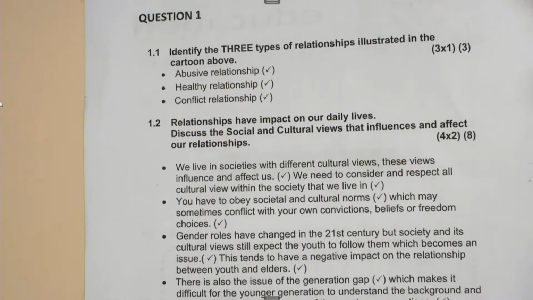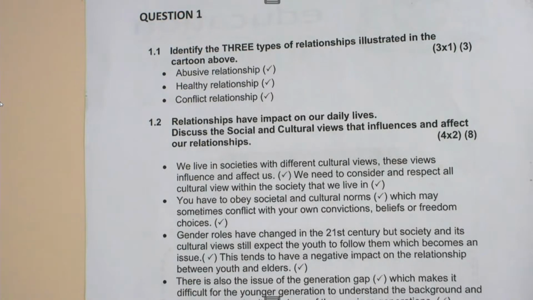Now, the first question says, you identify from the cartoon 3 relationships. When we look at the first relationship, it's an abusive relationship. Why are we saying that? Because the ex will chop the wood. That's why it's abusive. The second one, remember, we've said that it is bees and flowers. They thrive together.